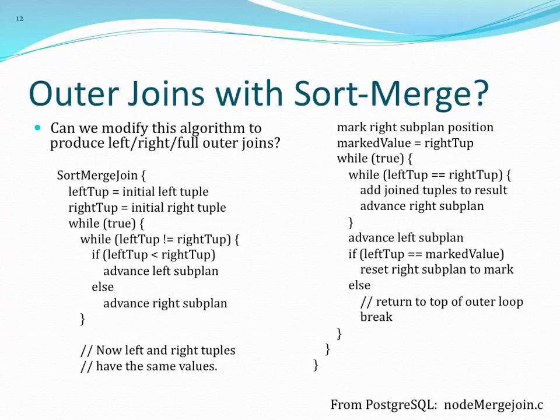So if we're handling situations where we're generating left outer joins, we have this while left tuple is not equal to right tuple. Somewhere in there, probably the very first thing we would do after we detect that they don't match is generate pad nulls left tup and add that to the result. What if we're doing right outer join? Do we need to flip the inputs like we did with nested loop?